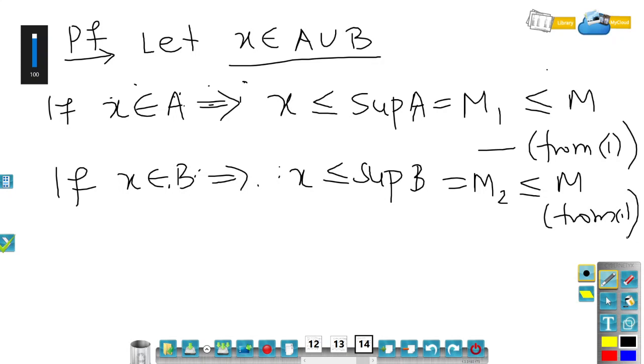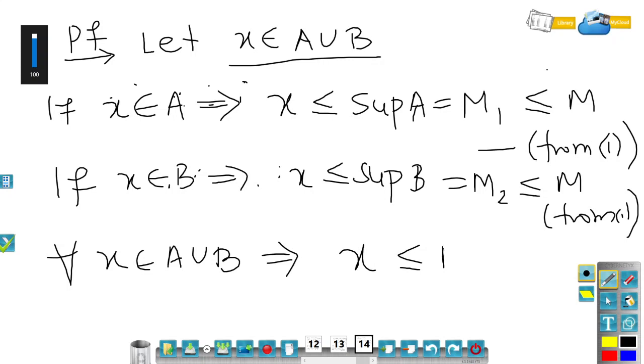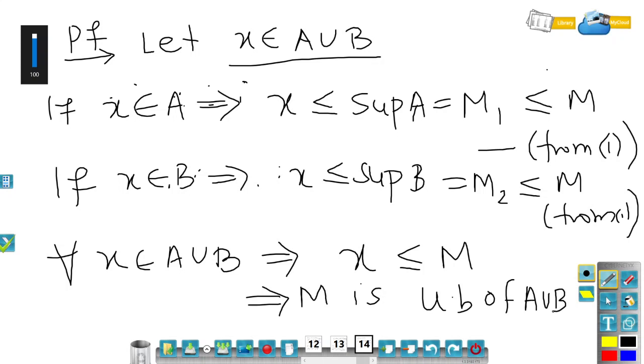So you could see that for any x belonging to A union B, x is always less than or equal to M. This would imply M is an upper bound of A union B. So we have proved part 1.